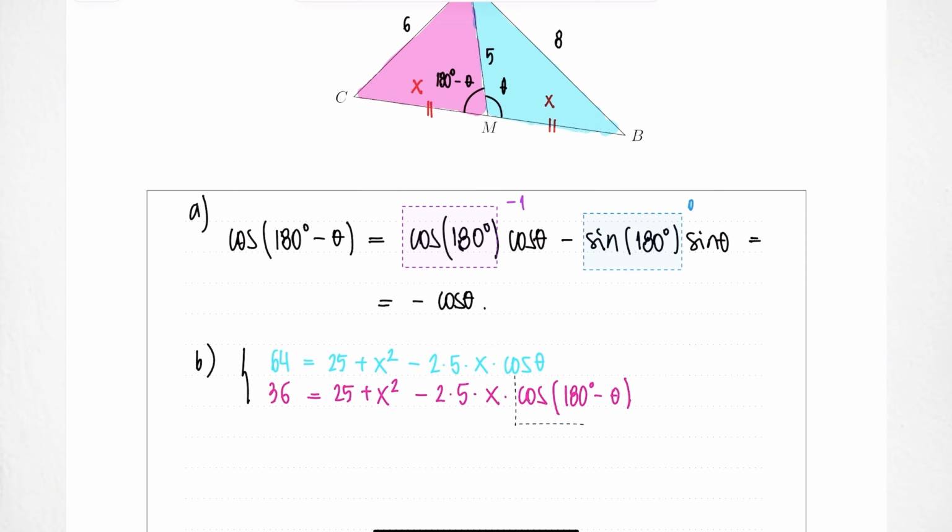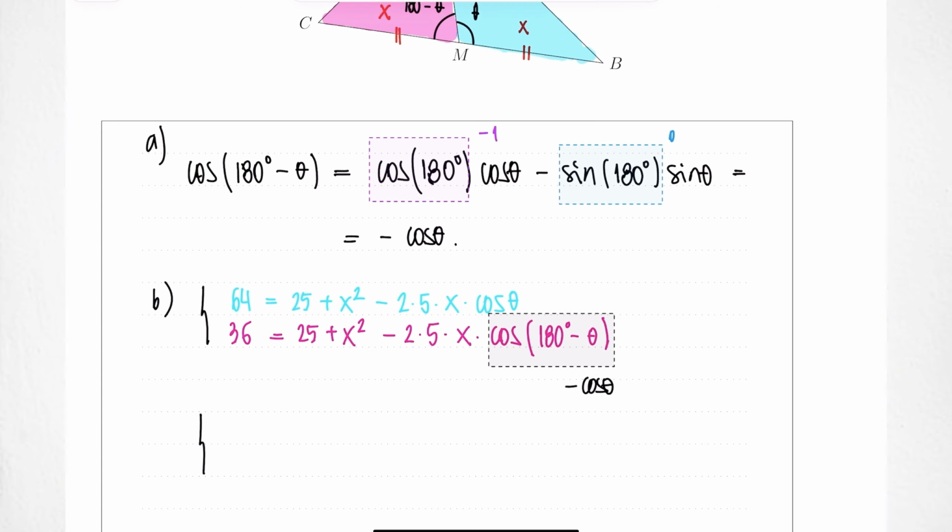Now, knowing that cosine of 180 minus theta is equal to negative cosine of theta, we could rewrite the second equation as such: 36 equals 25 plus x squared plus 2 times 5 times x times cosine of theta.